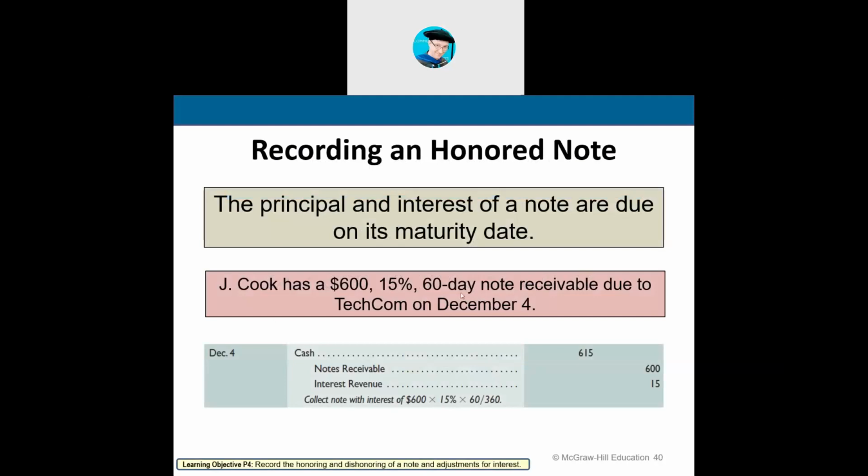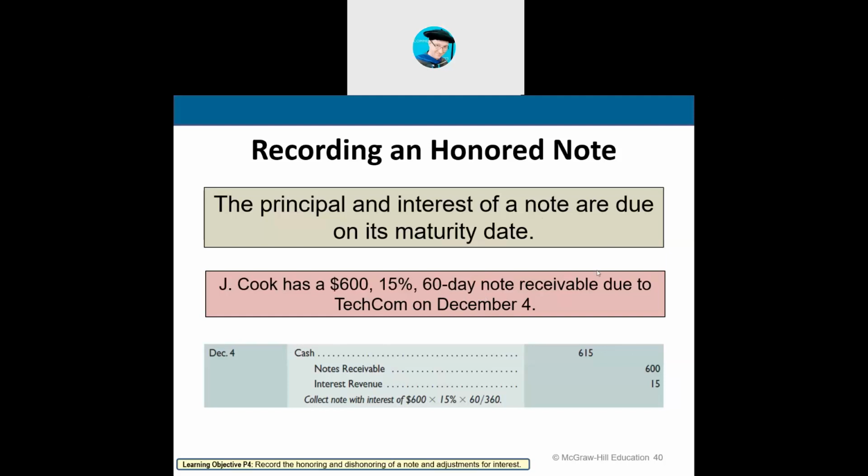So they pay us. We debit cash, $615. $15 is the interest, right? 15%, 60 days. If we go through the formula, the face value times interest rate times 60 days over 360 banking days gets us to $15.